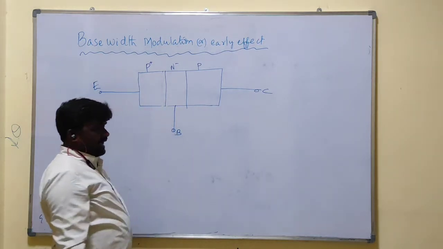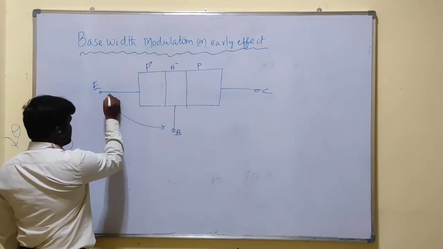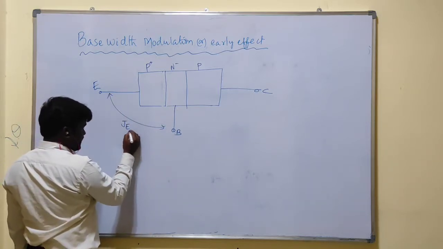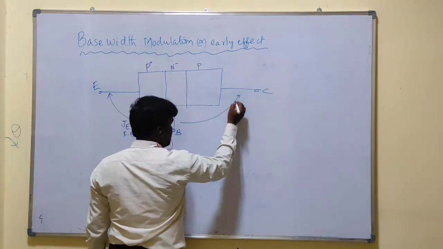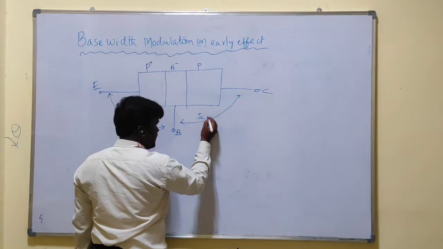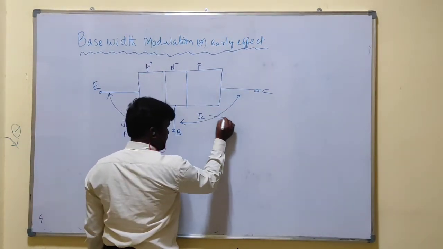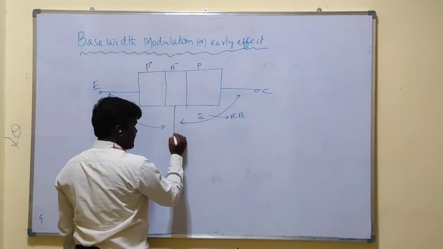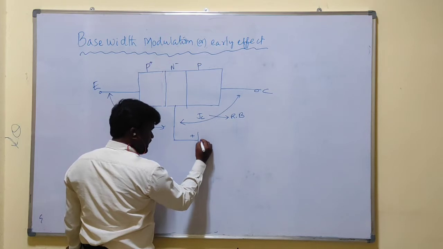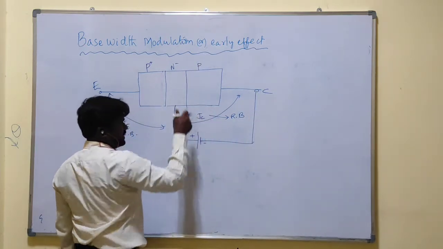We know that in the active region of the transistor, the emitter junction is forward biased, and the junction between collector and base, called the collector junction, is reverse biased. Reverse bias means this N type is connected to the positive terminal of the battery, and this P type is connected to the negative terminal.